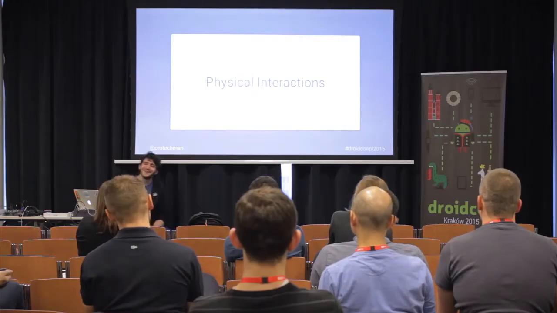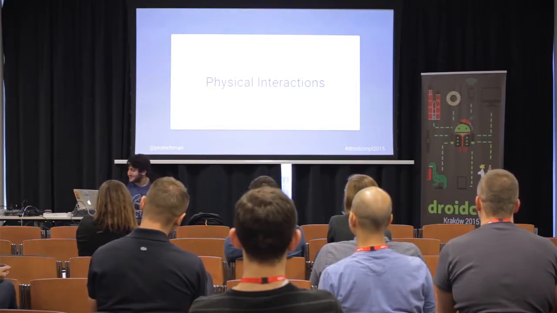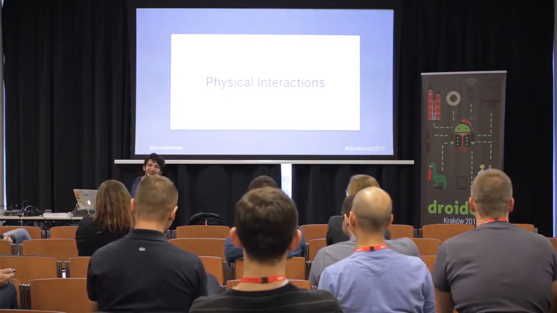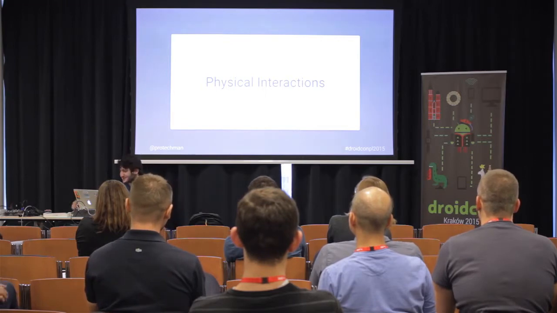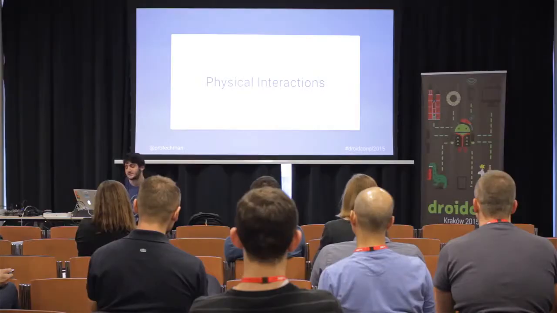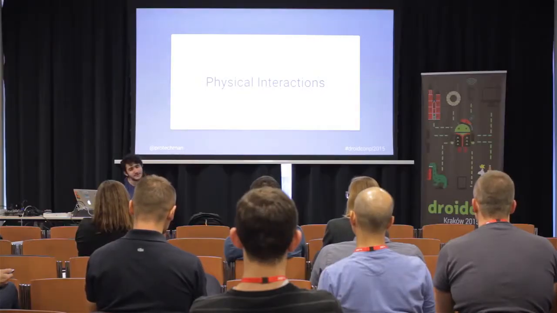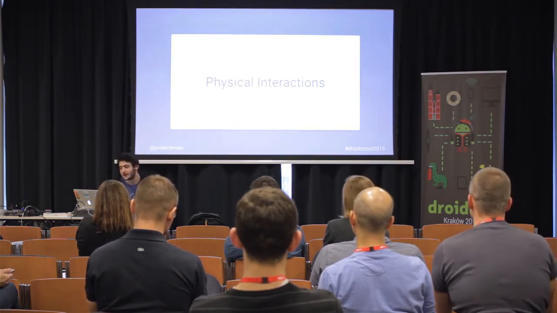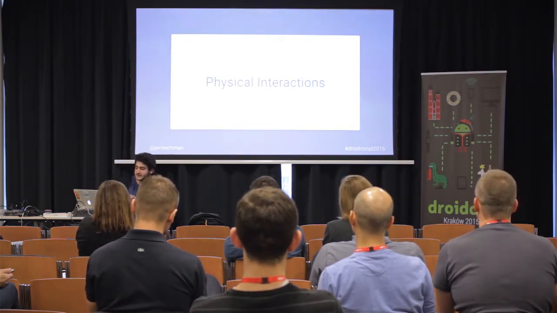And now I'm using this smartphone, and now it's getting bigger again. So while using physical interactions, it's not so easy to predict your user's habits. So we need to get on the field. We need to make some research to understand the physical interactions.